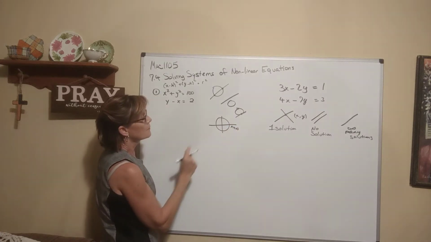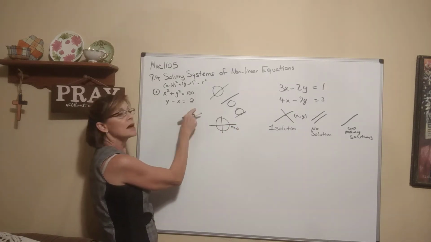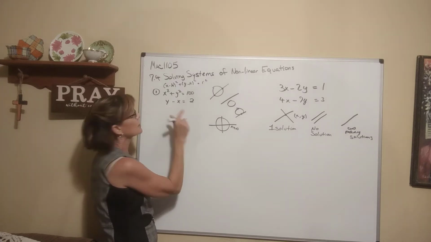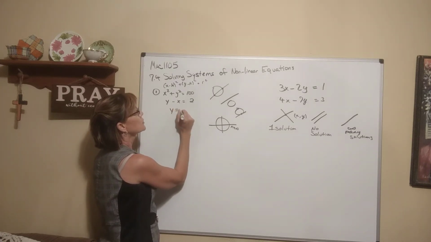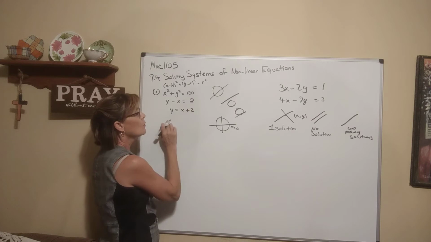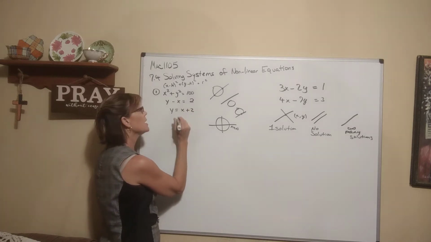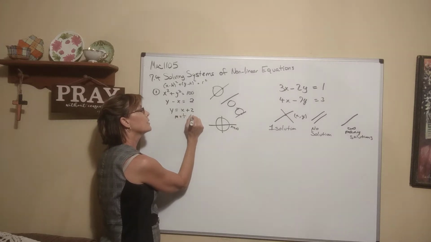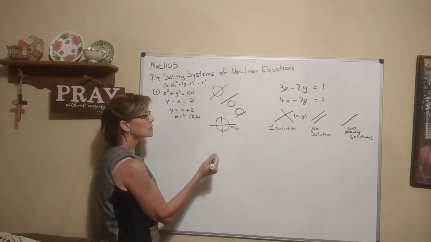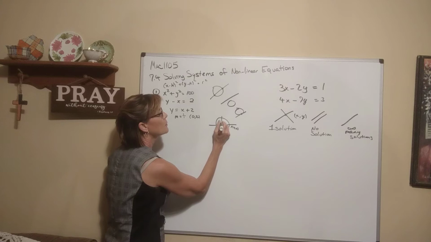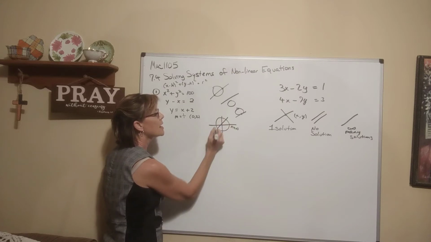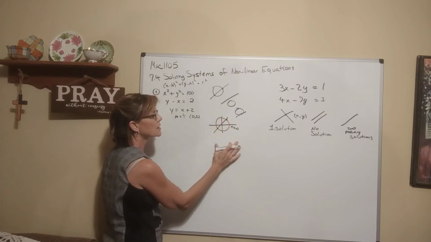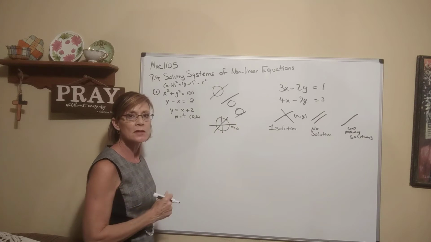It's 10 units out. This is a line, so I'm going to solve for y so we can see what that looks like. y is equal to x plus 2. y equals mx plus b. m, the slope, is 1 over 1, and the y-intercept is 0, 2. So this is a line where you go up 2, then up 1, right 1. It's going to intersect. This is just a sketch, but I'm expecting two answers to this one.